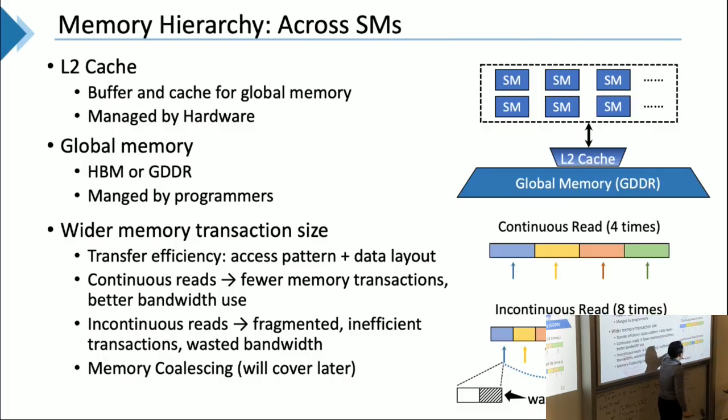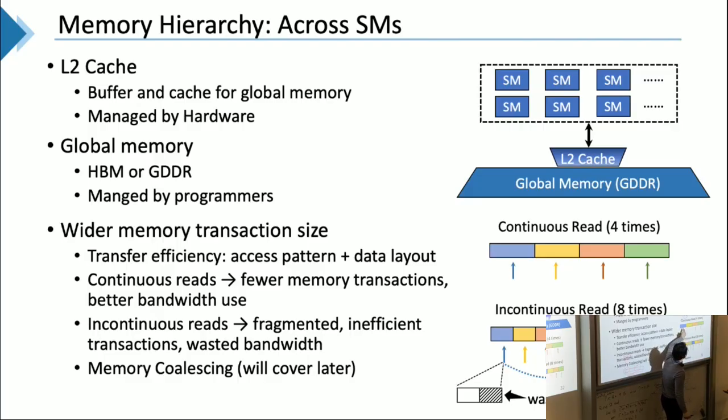However, in some cases, one transaction cannot access the data from a continuous address space. For example, let's say the data one of your threads wants is this part and this part. So they're not consecutive together.